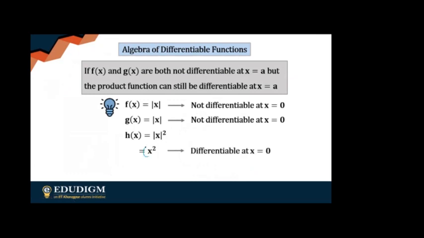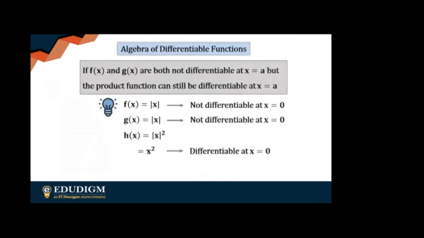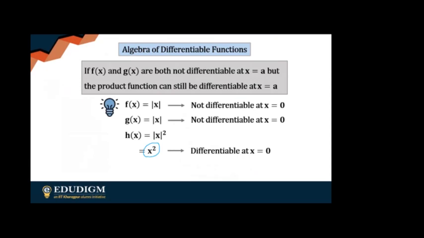You know that this is a polynomial, so this is perfectly all right. So I'm just showing you some counterexamples where it's not necessary that if a product of two functions is differentiable at x equals a, both of them have to be differentiable at x equals a. Okay. So these are the things I want you people to see.